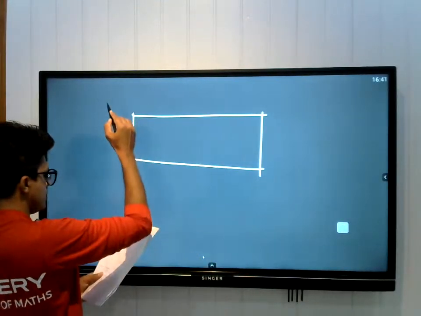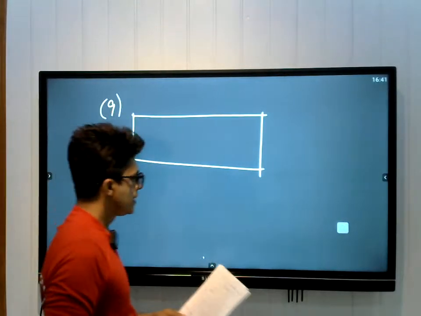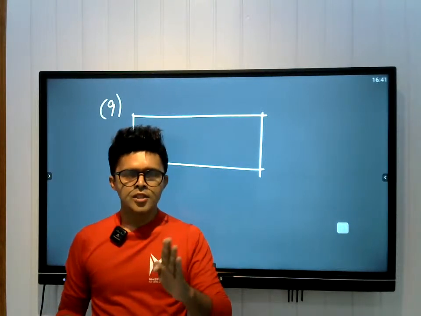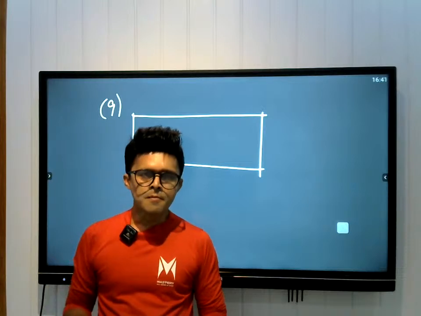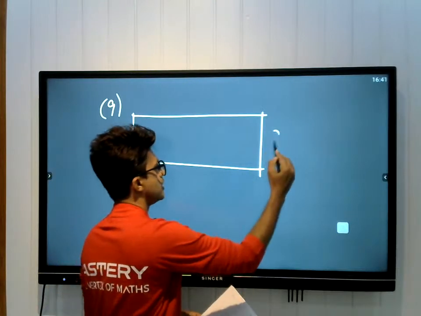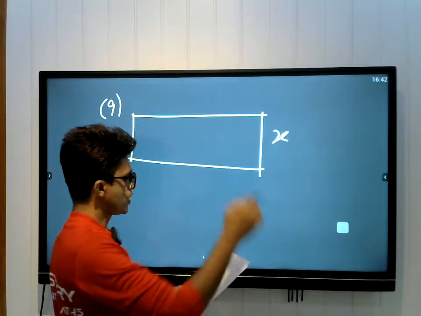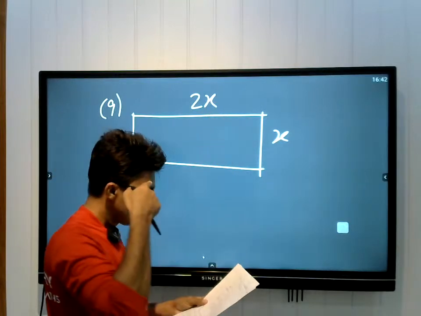This is the 9th question. The length is twice the breadth. So if the breadth is x, the length should be 2x.